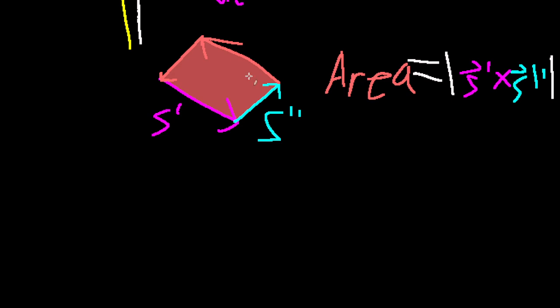If you imagine this cross product, it's represented by an arrow pointing out of the screen.